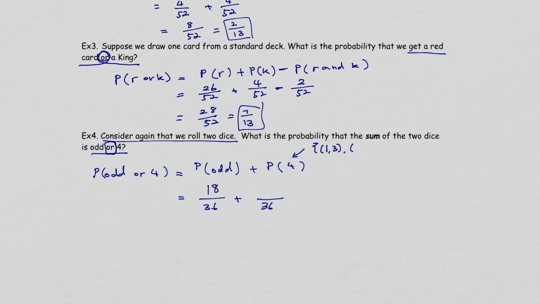When the first die is 2, the second die has to be 2 in order to make a total of 4, right? And when the first die is 3, the second die has to be 1. So that's just 3 events out of 36 total. So that will be 3 out of 36. Add those two numbers, 21 out of 36, which gives you 7 over 12.